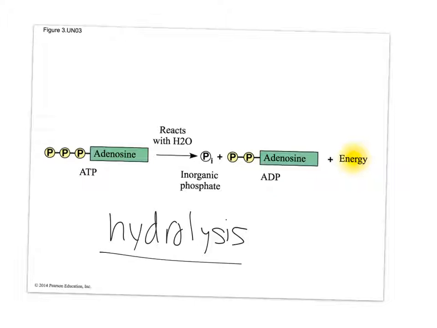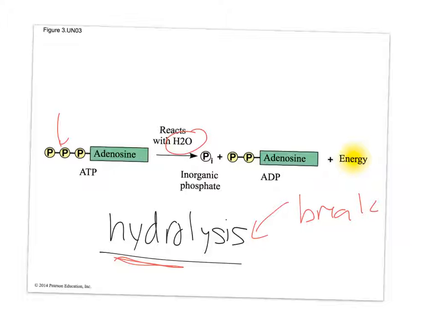Because what's coming out of here, what are we putting in? Right here. Water. Hydro, water. Lysis means to break. What are we breaking? What bond? This bond right here, between the 2nd and 3rd phosphate.